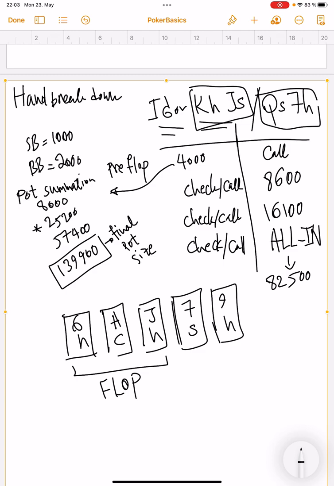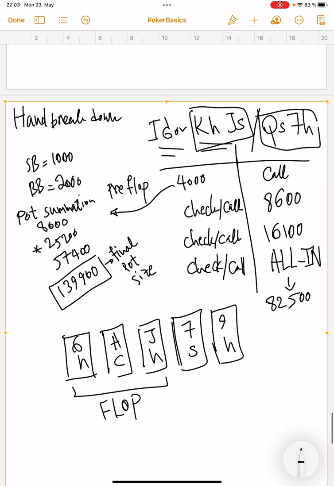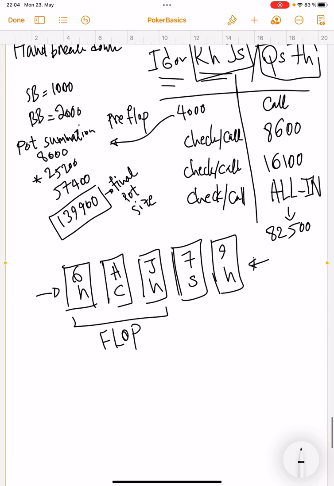So you can see that on this board, his opponent only pairs a 7, and Igor pairs a jack. But there's an ace also there. And the guy shoves all in on the river card, and Igor calls.